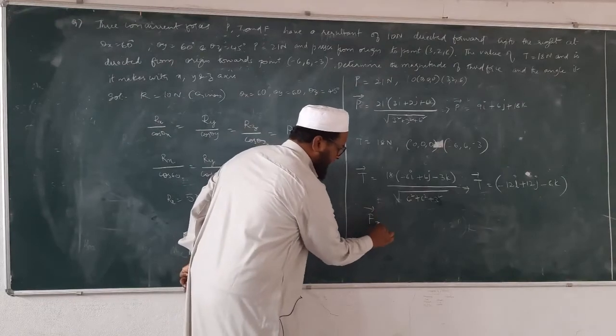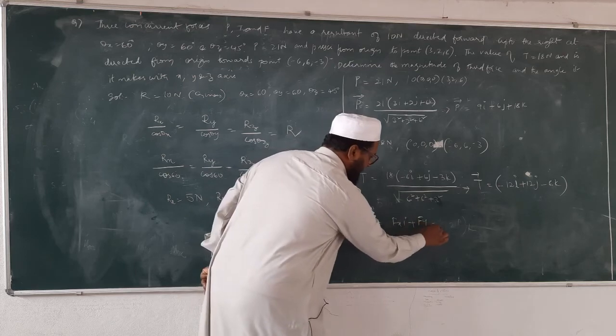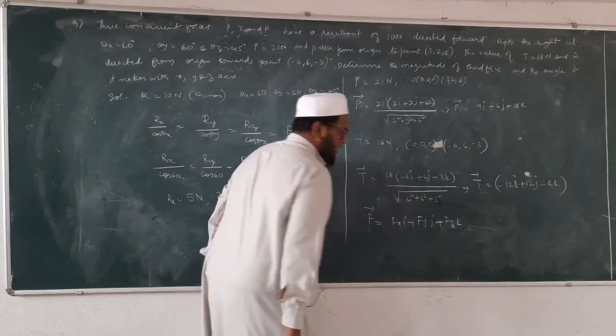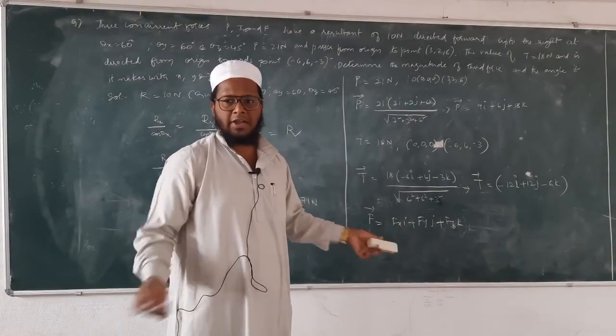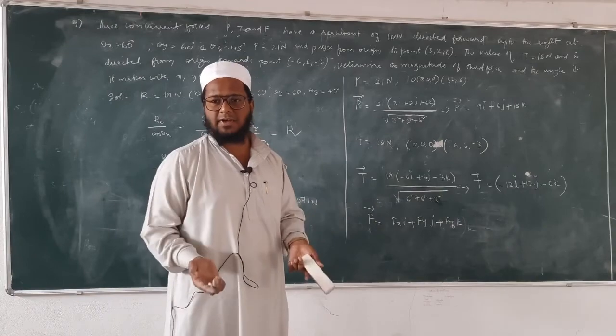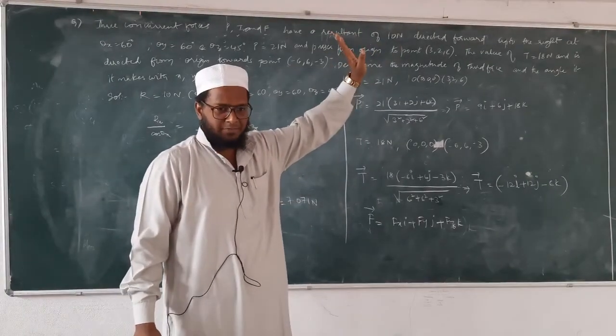Force vector F is equal to Fx into I plus Fy into J plus Fz into K. We don't know where the force is passing, from which point it is passing, what is X, what is Y and what is Z, we don't know at all. There is a third force it is mentioned.